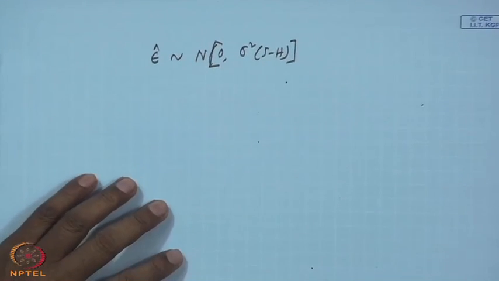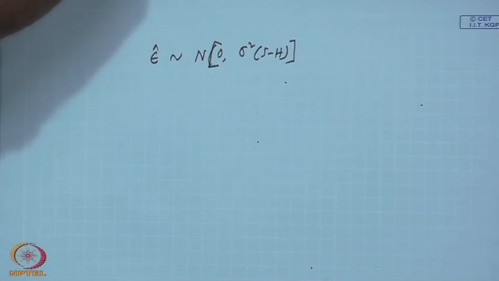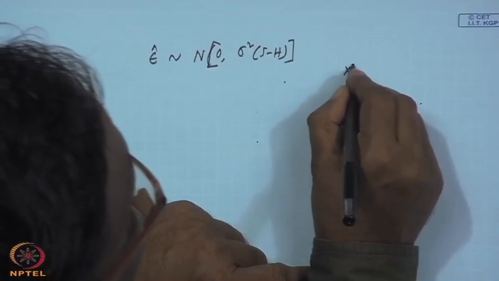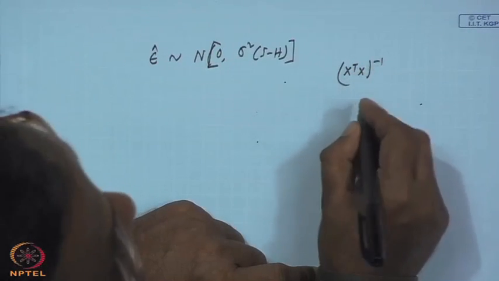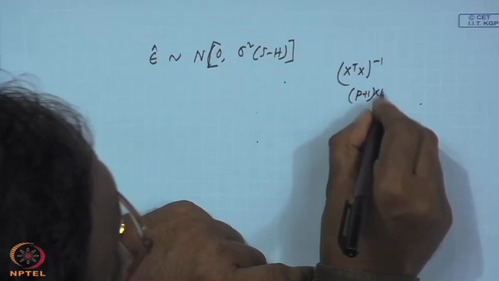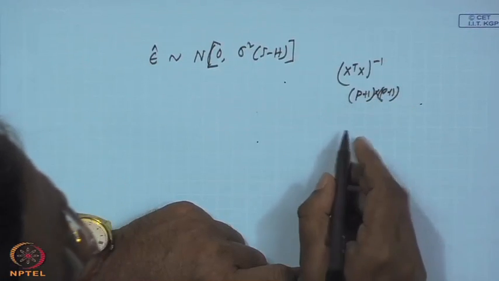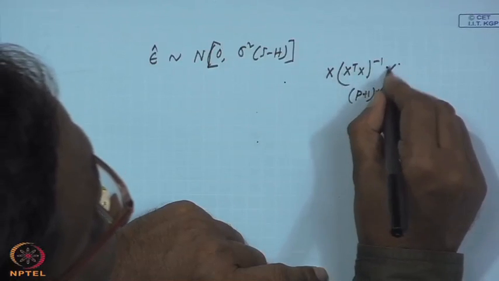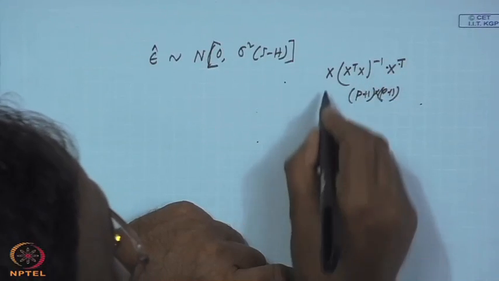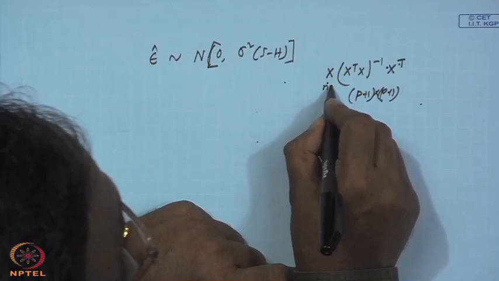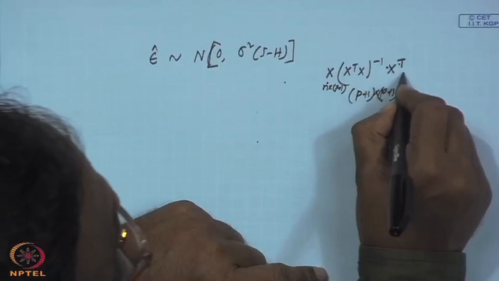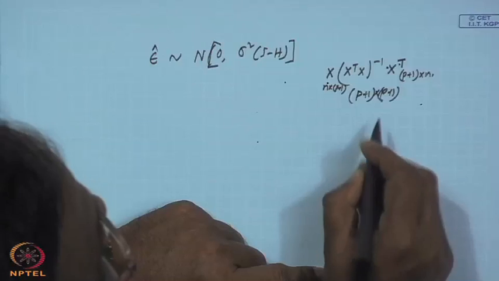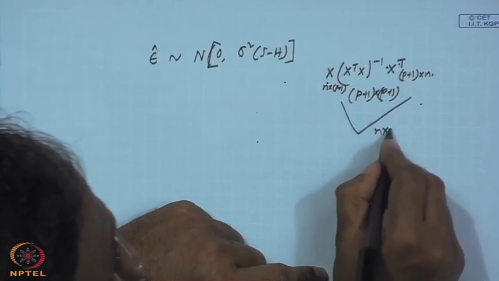Will it be multivariate or univariate? Why? What is X transpose X inverse? This is (p plus 1) cross (p plus 1). If you multiply it with X, and then X transpose, what is X? X is n into (p plus 1) and this one is (p plus 1) into n. So, what is the resultant quantity?